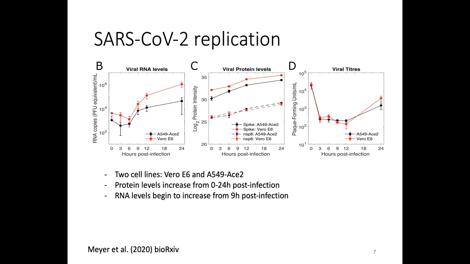RNA levels begin to spike a little later. They spike at 9 hours post-infection, and viral titers we only really see going up at the very end of this time course, at that 24-hour window. So these different time points, 6, 12, and 24, all capture slightly different times and portions of the viral replication cycle.